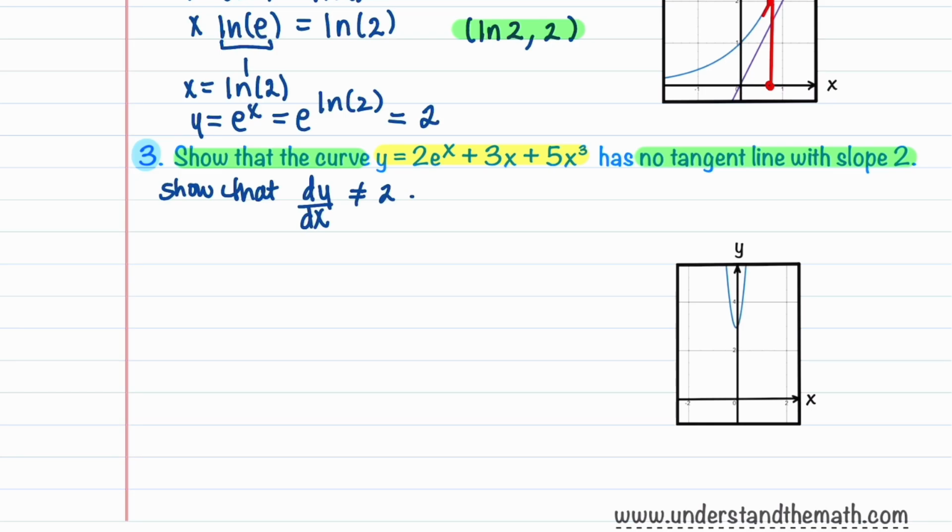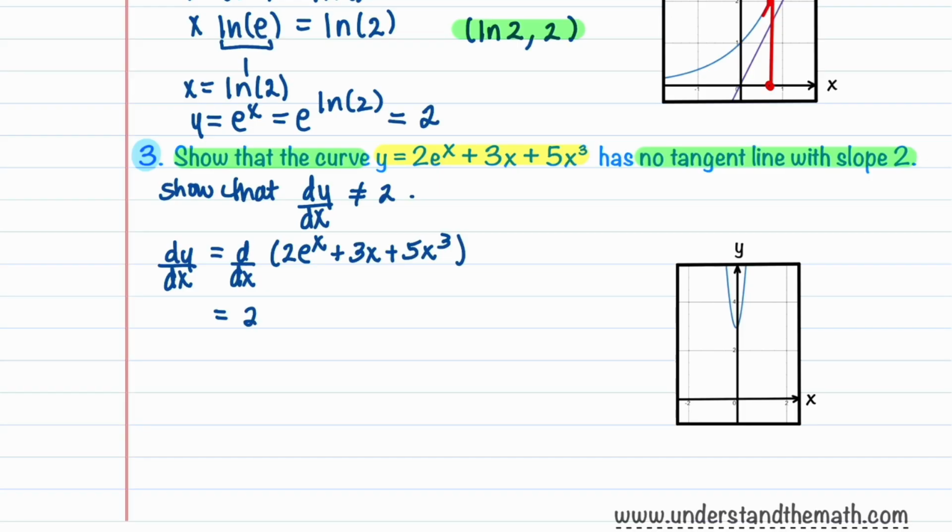Let's go ahead and take our derivative. Our derivative dy dx is the derivative with respect to x of 2e to the x plus 3x plus 5x cubed. We're going to break this into pieces. We can always pull the constants out in front.